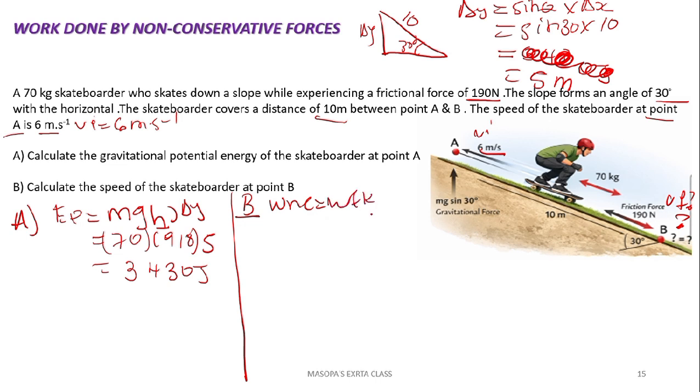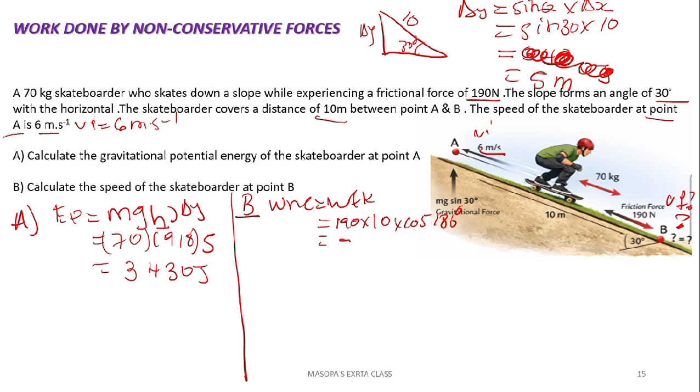By Fk. Let's quickly find the work done by the Fk, which will be 190 times the delta x that it is covering, and you know that Fk is times cos 180. Then we get negative, because of course cos 180 is equal to negative 1. Remember that.